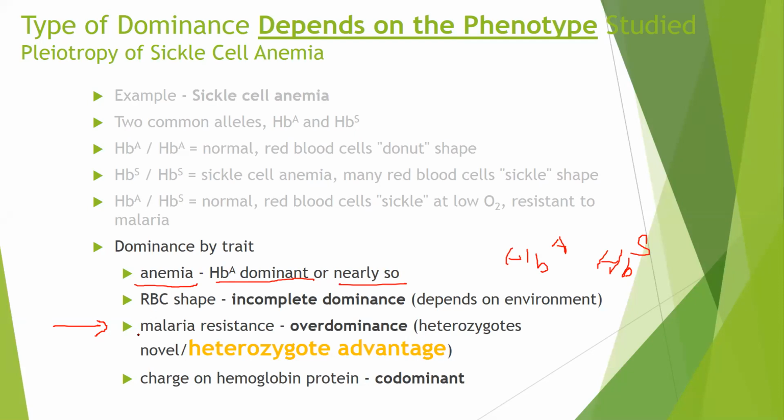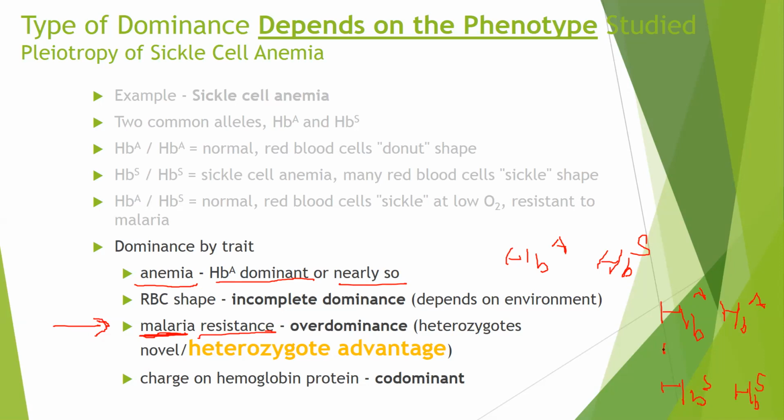Now when we look at this disease, the malaria, let's look at the resistance level to this disease. We have three genotypes here: homozygous HBA and HBA, and homozygous HBS and HBS.